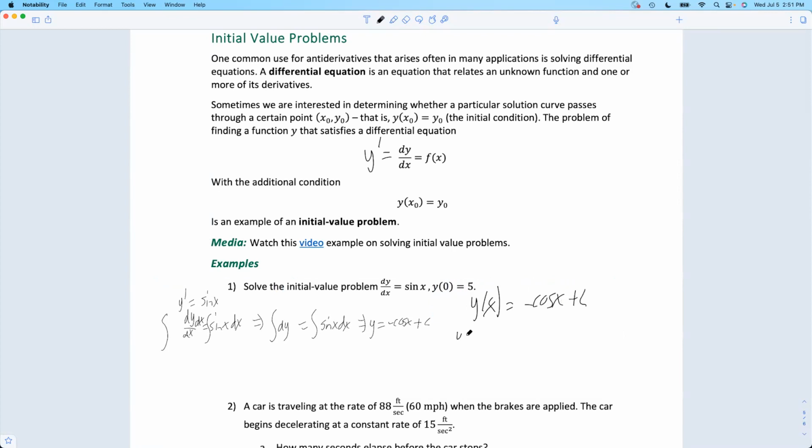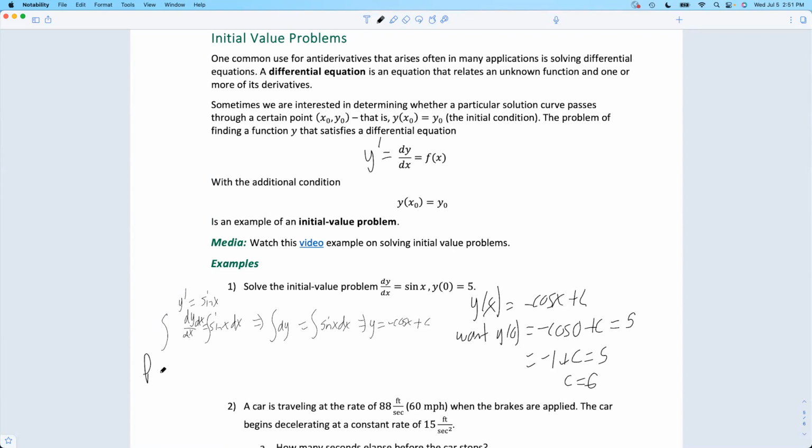I want y of 0, which would be negative cosine of 0 plus c, to equal 5. Now I want to solve this for c. What's cosine of 0? Cosine of 0 is 1. So that's negative 1 plus c equals 5. So c will equal 6.